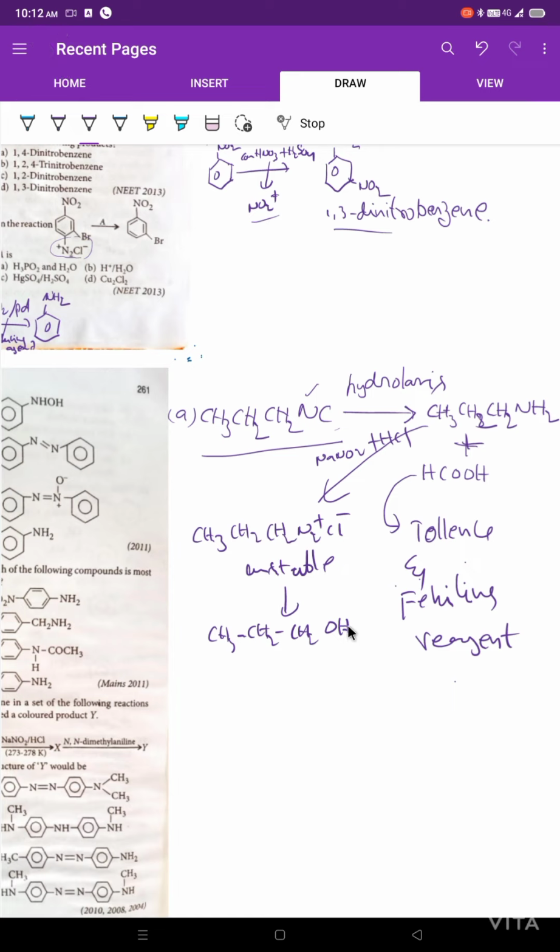It is converted into an alcohol. This does not react with iodoform, that is, with I2 plus NaOH.